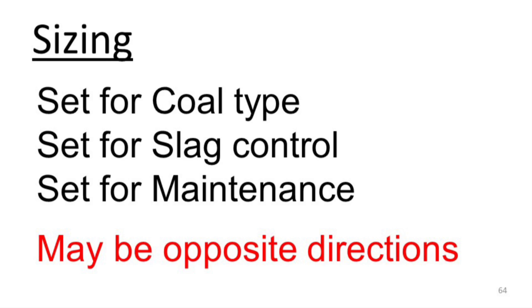And you can make the mill last longer that way, but you might actually be causing a more expensive slagging issue in the furnace. So one of the issues with how to set up the pulverizers is that depending on where you work, you might have different opinions how to do it, and sometimes these are in opposite directions.